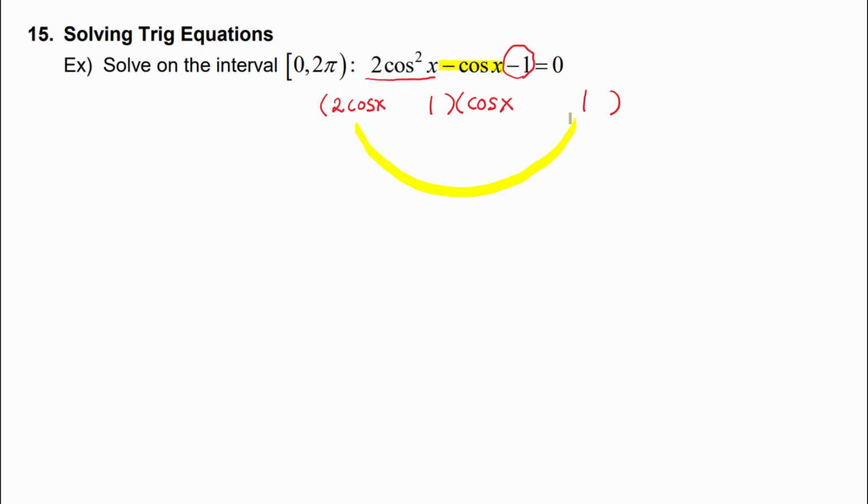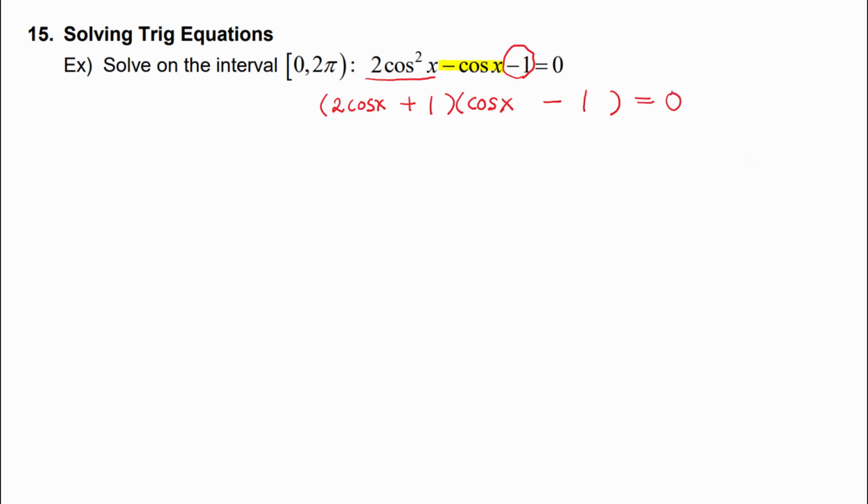Outer two is 2 cosine x. Inner two will be 1 cosine x. In order for you to obtain negative cosine x, 2 cosine x must be negative and cosine x must be positive, so that you get negative 2 cosine x plus cosine x, which when combined gives you negative cosine x. So that should be the sign, which is equal to 0.